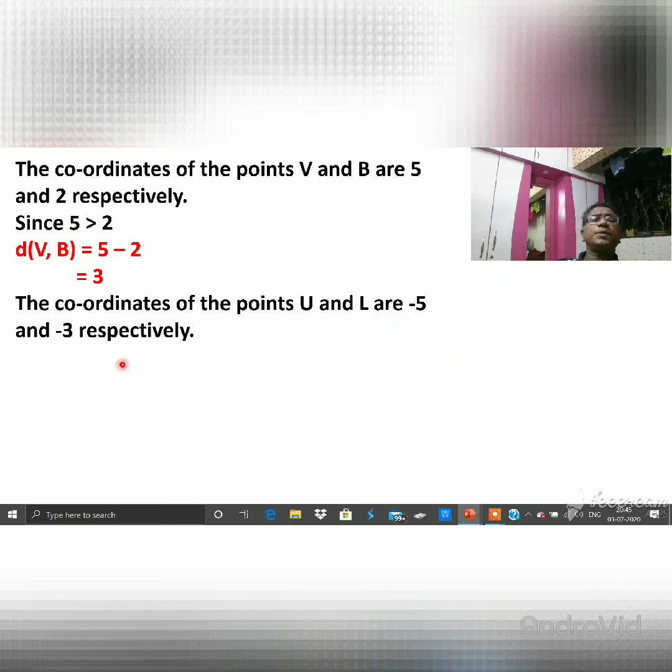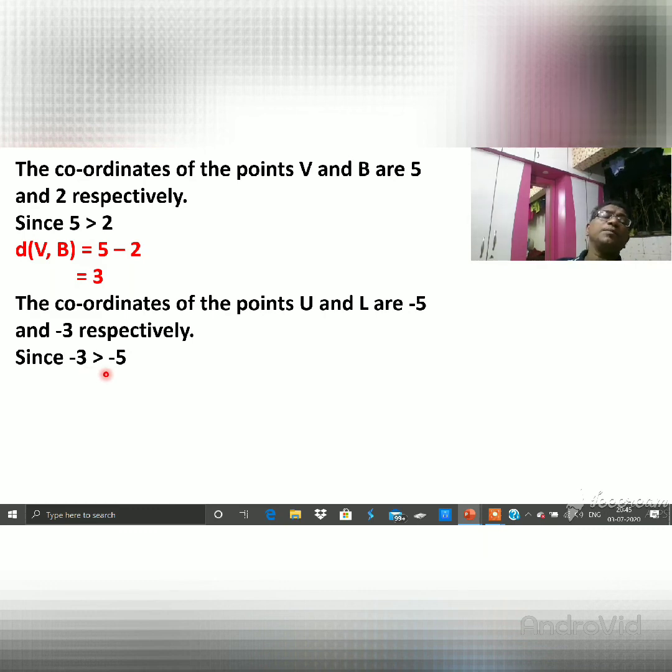I already explained that in negative numbers, the number that looks bigger is actually smaller, and the number that looks smaller is actually bigger. So remember that minus 3 is the bigger number compared to minus 5. So minus 3 is greater than minus 5.